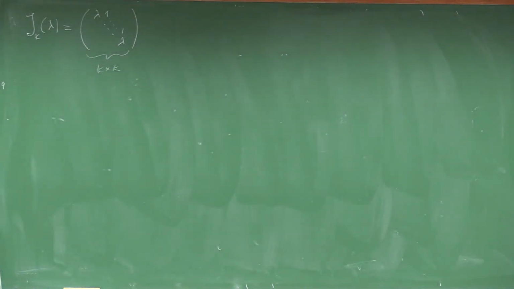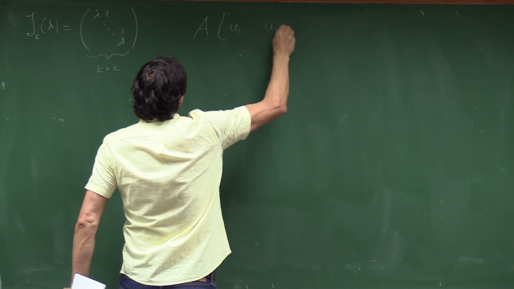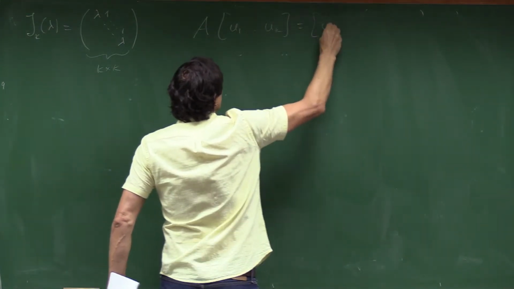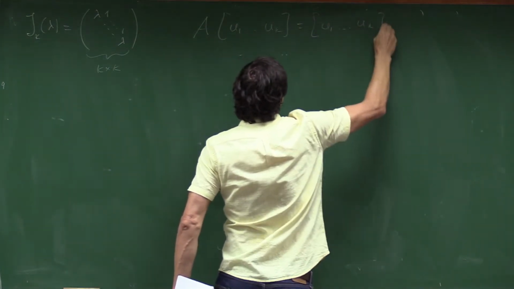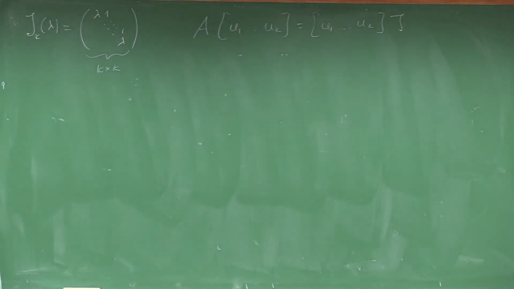In other words, A times the matrix equals the matrix times J. That's the matrix form of this system of equations.